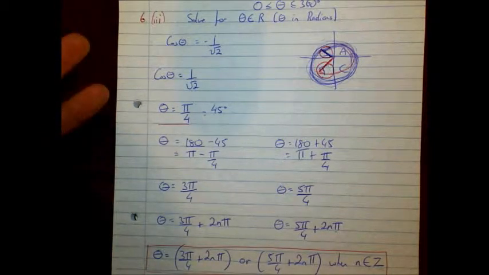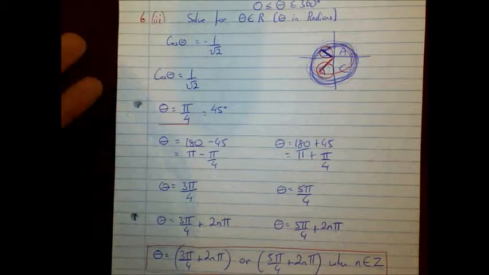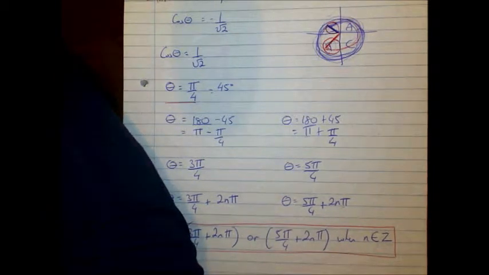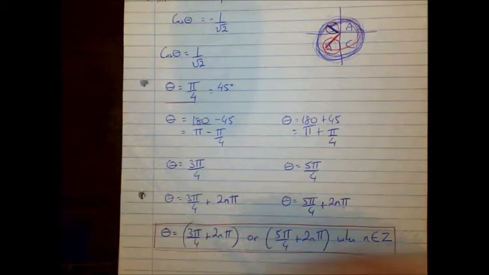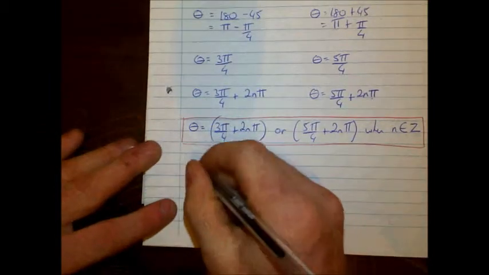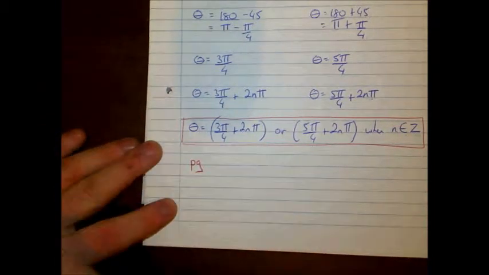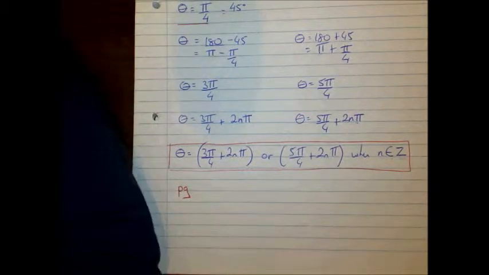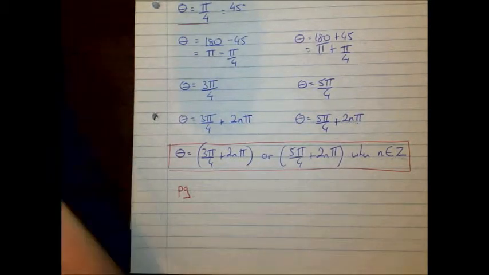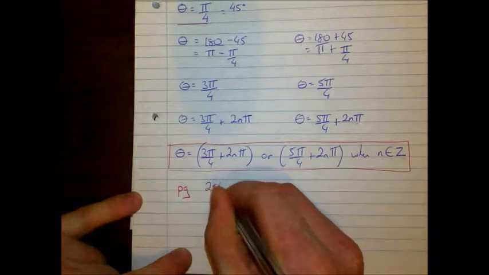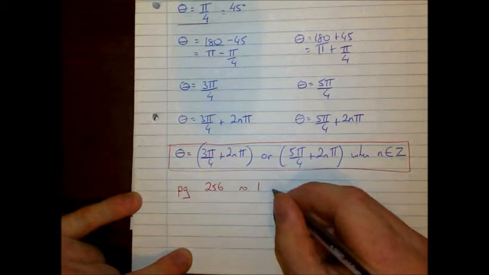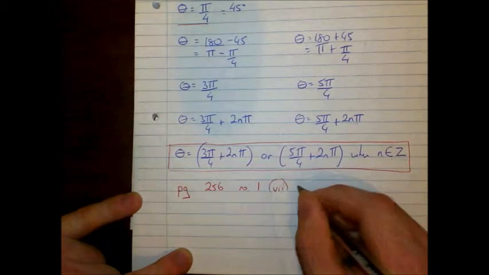Okay, so now I want you just to do the questions that I write down here. If you just bear with me a minute. I'm just trying to get it up here. So do the following questions: page 256, number 1, parts 7 to 9.